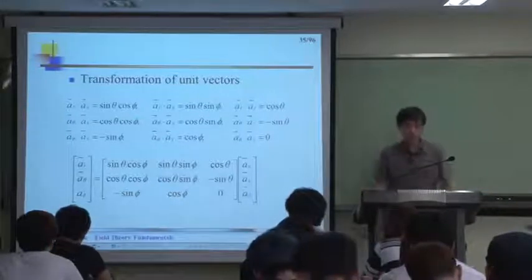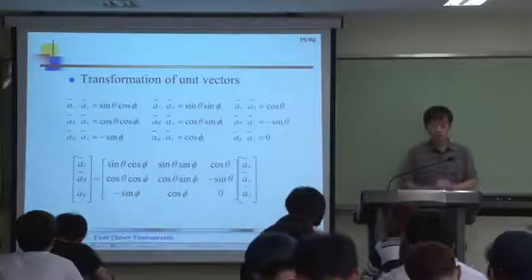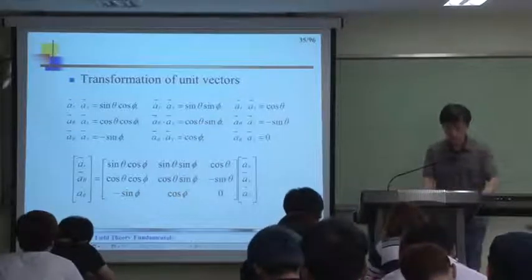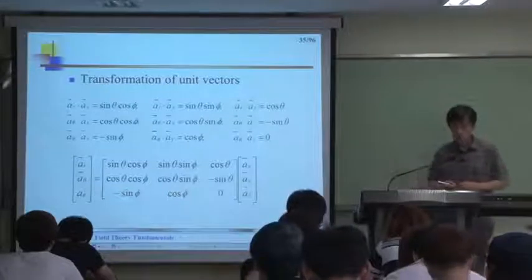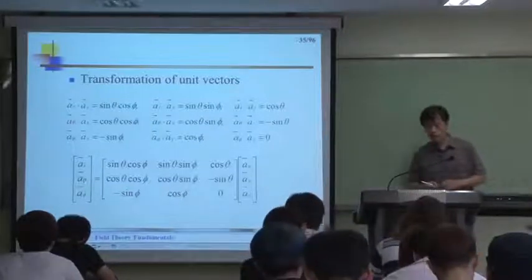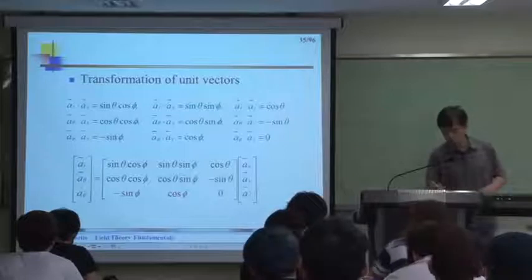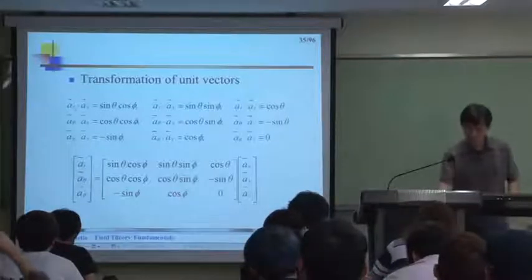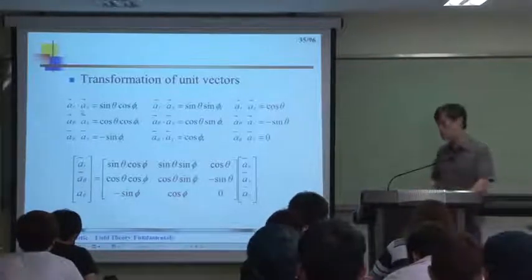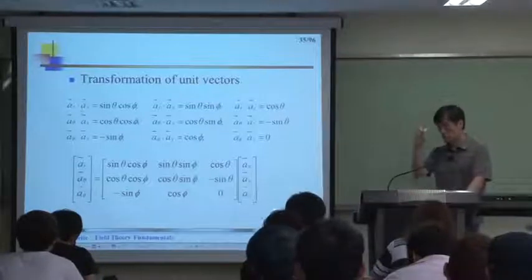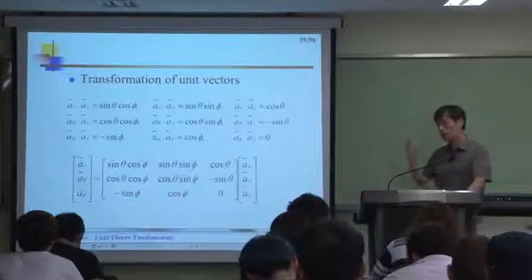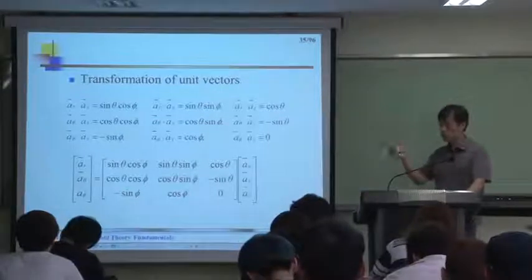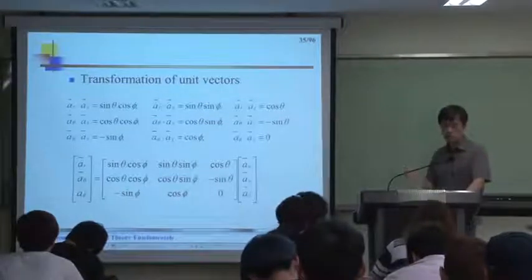Okay, so now we are going to study the transformation matrix. You can get these terms by considering the rotation of the AR vector, A theta, A phi, and the relation with the XYZ.